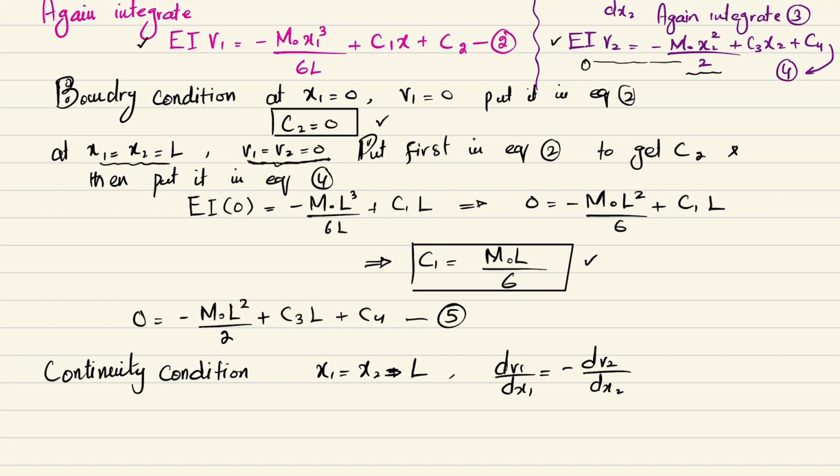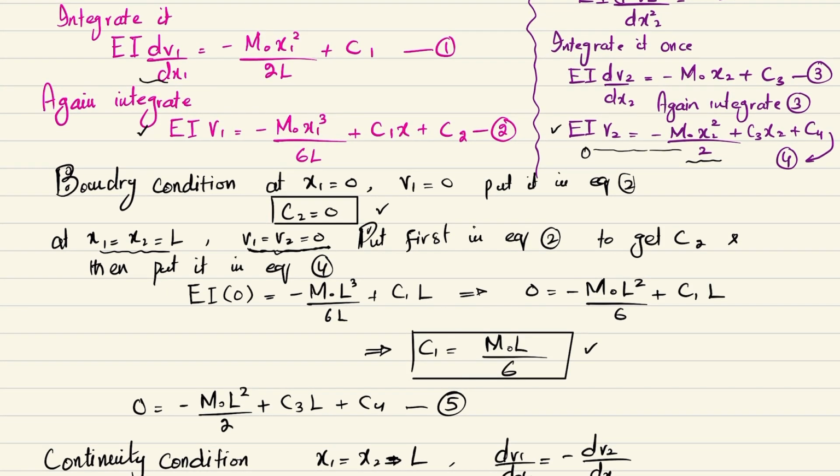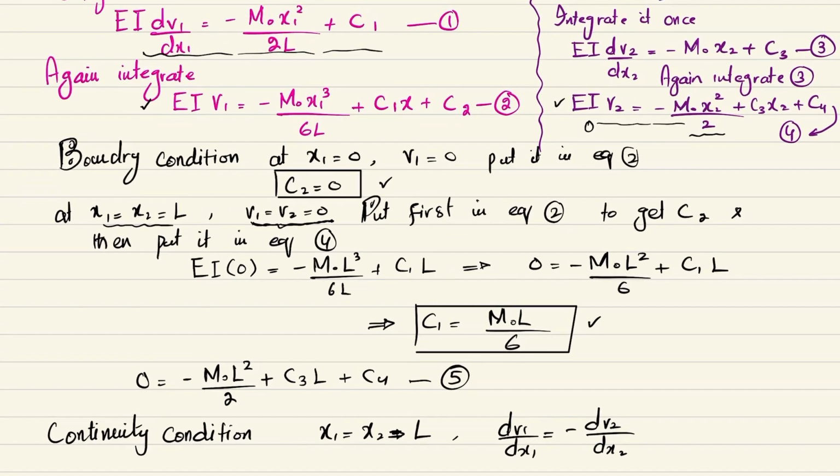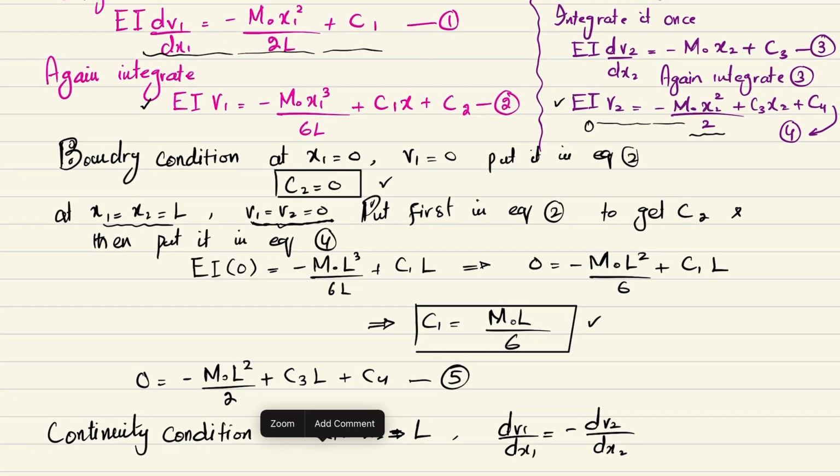So I will write, we have both these equations over here. If you put equation 1 and equation number 3, when you put x1 is equal to L in this equation, we will have EI into dv1 over dx1 equal to minus m naught L square over 2L plus C1.